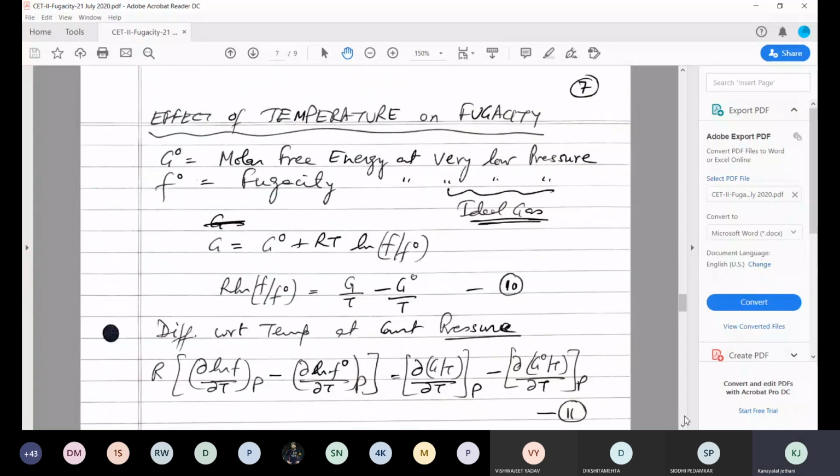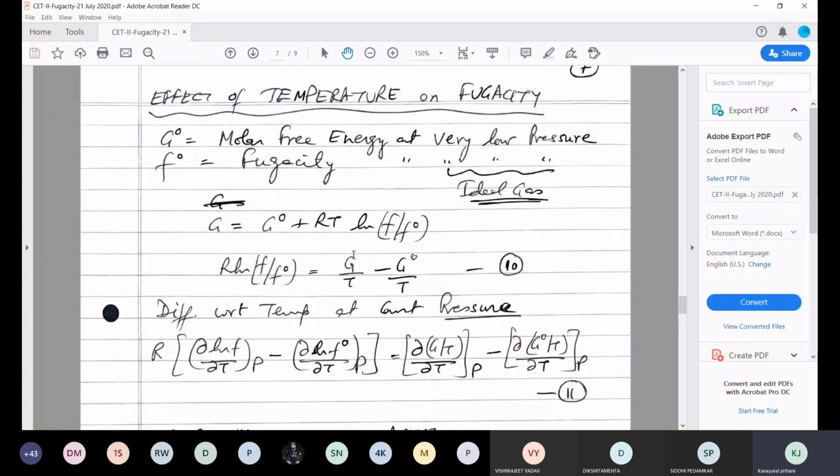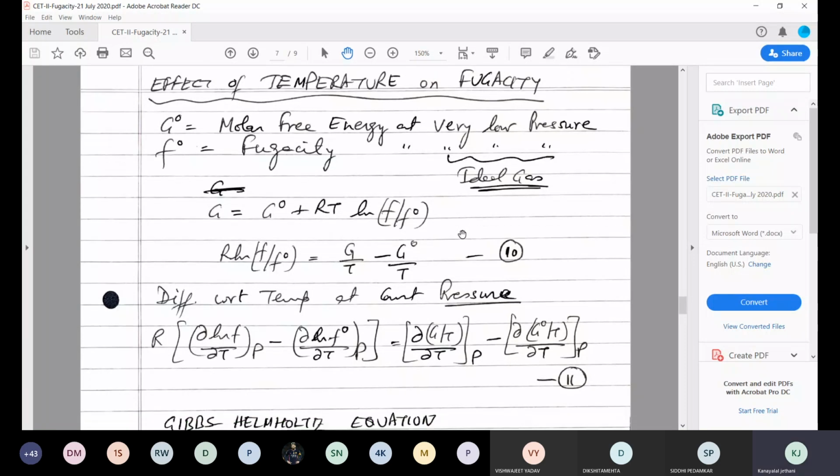Let's proceed. So let's see what is the effect of temperature and effect of pressure on fugacity. We'll see both. So now we define G0 as molar free energy at very low pressure and F0 as fugacity at very low pressure. That is for ideal gas, right? So G for real gas is equal to G0 plus RT ln F by F0. You derive किया हमने, right?